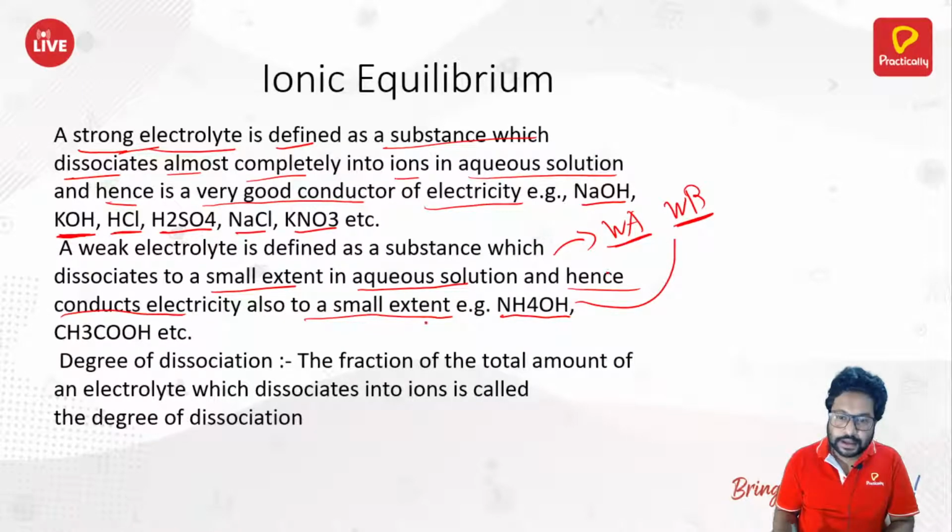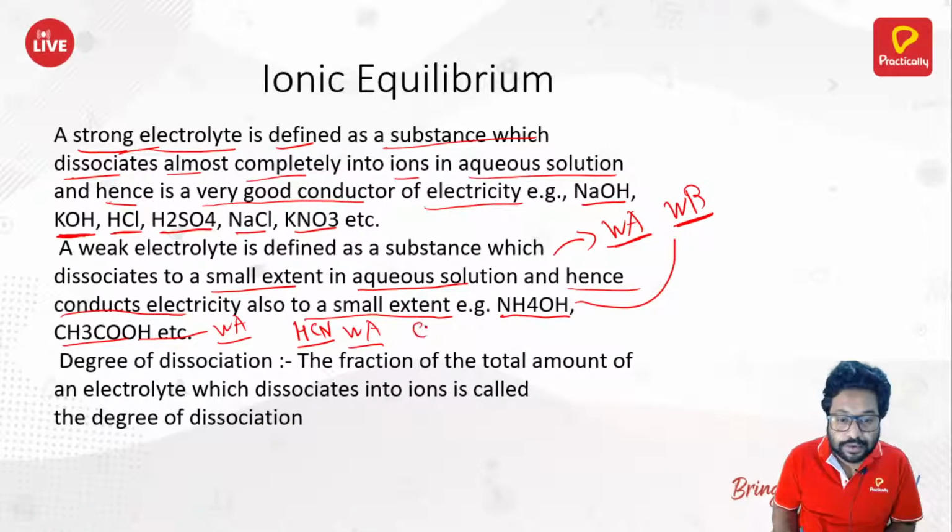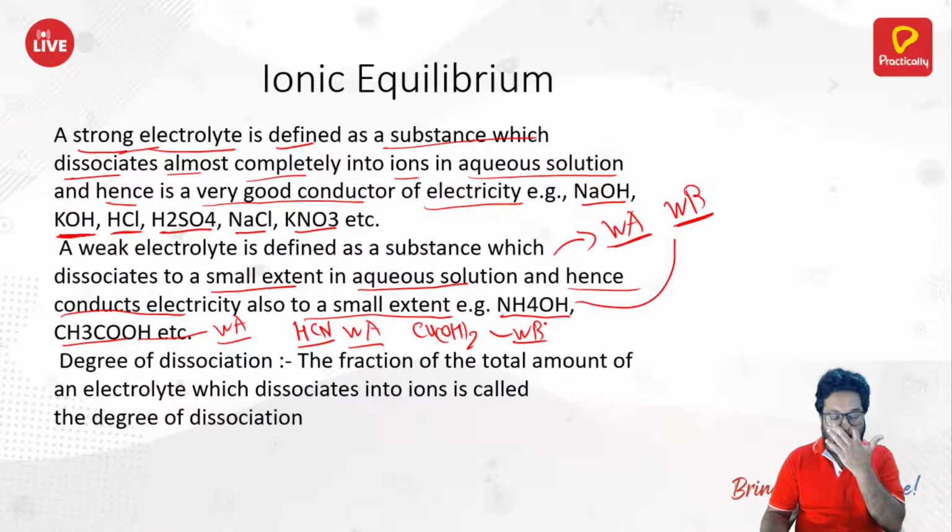A weak base is NH4OH, and a weak acid is acetic acid. Apart from that, there are some other acids also, for example HF. HF is a weak acid and a weak electrolyte. Then you have Cu(OH)2, which is also a weak base and a weak electrolyte.